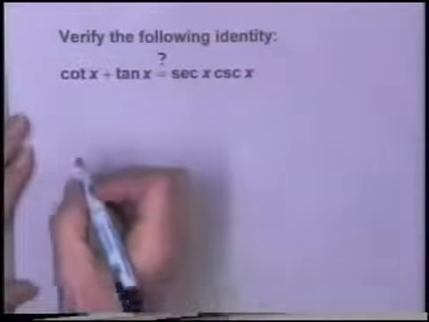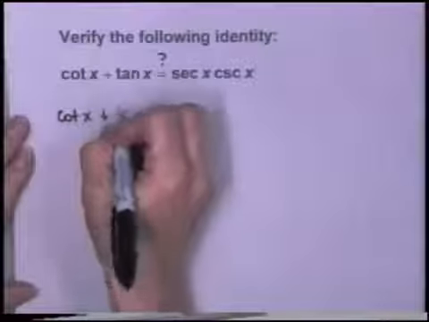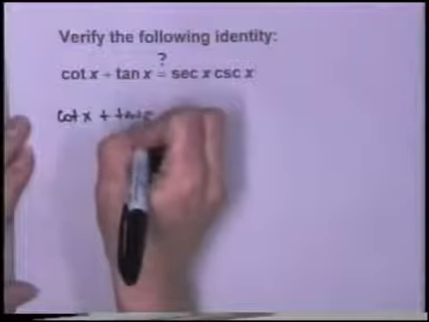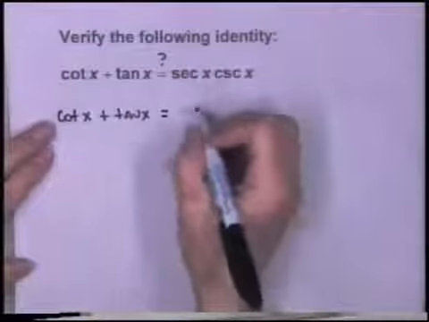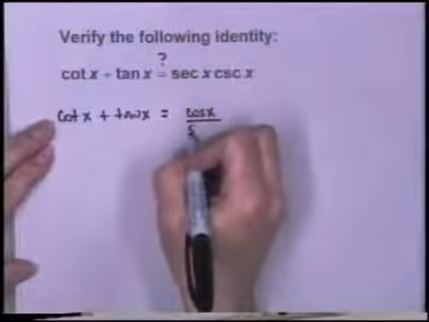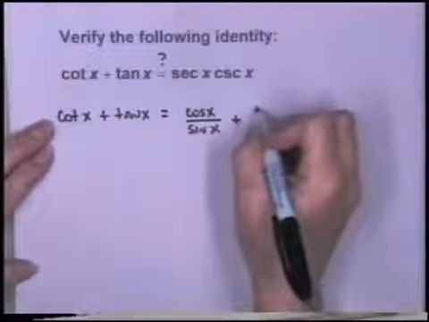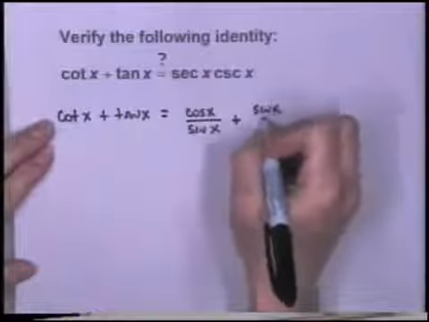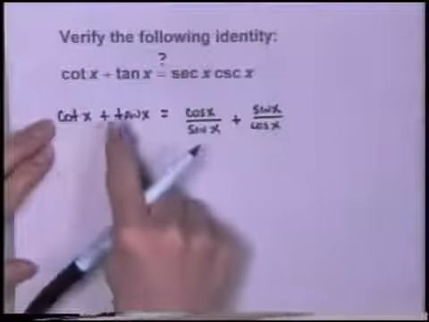And so I think I'm going to approach it by taking this left-hand side of cotangent x plus tangent x, and first I'm going to use my quotient identities. Cotangent is cosine x divided by sine x, and I'm adding the tangent function, which is the sine of x divided by the cosine of x.